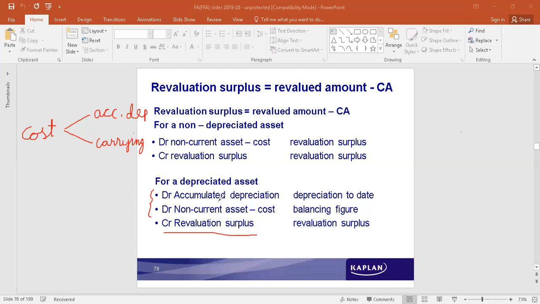Here we have the depreciation also charged, then we have the non-current asset, so the surplus value gets added to the non-current asset. So depreciation to date is the balancing figure, and the revaluation surplus, if we prepare the account.